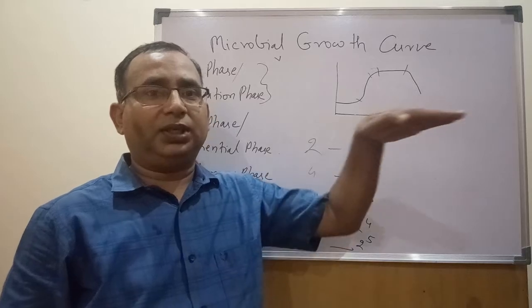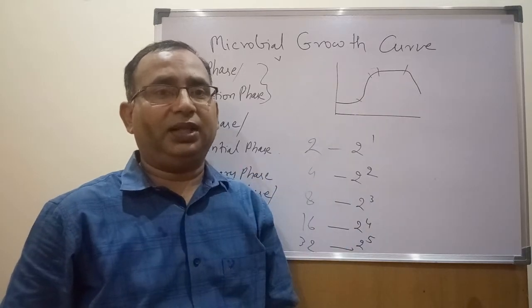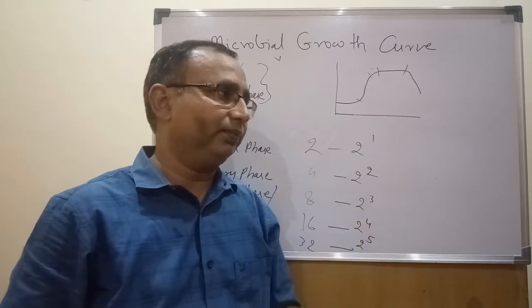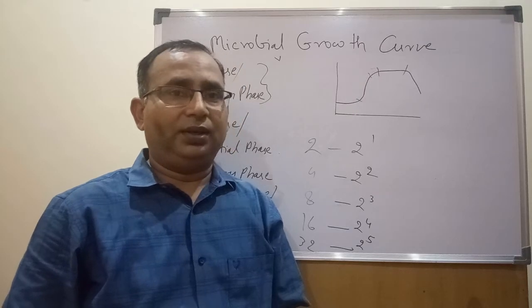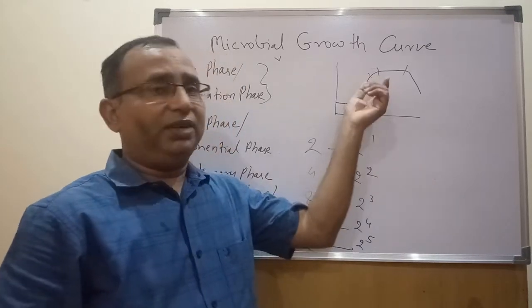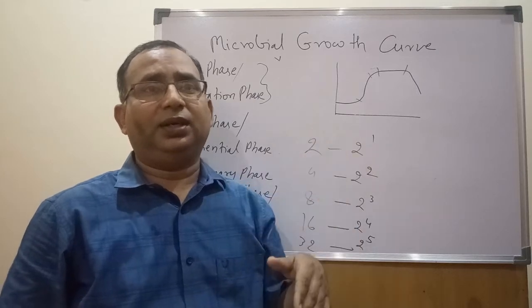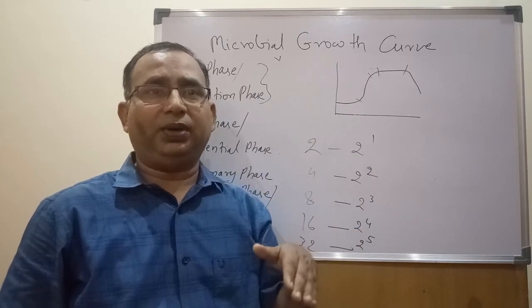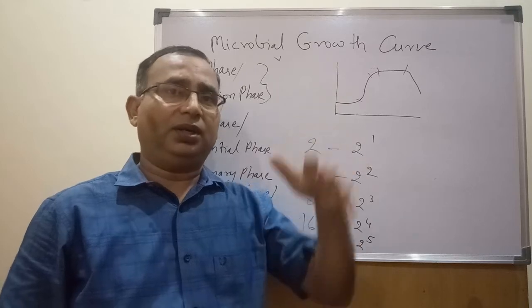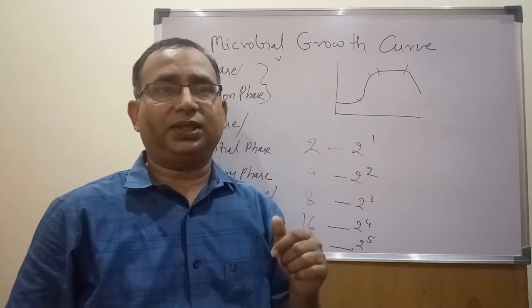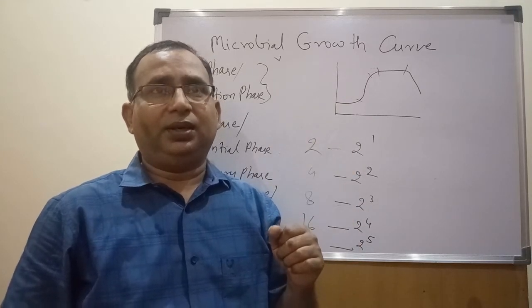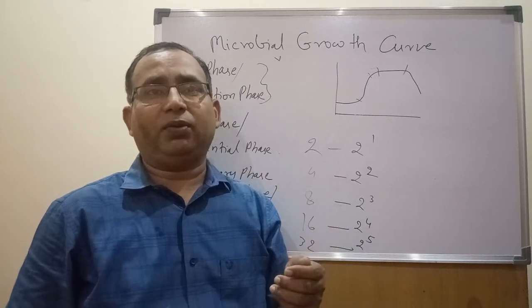The microbial population remains constant with increase in time. During this stationary phase, since there is a limited amount of nutrient components and much more excretory products have been synthesized, this results in death of the microorganism.